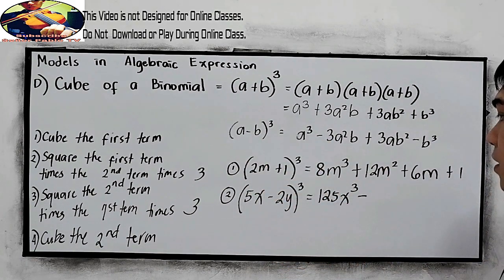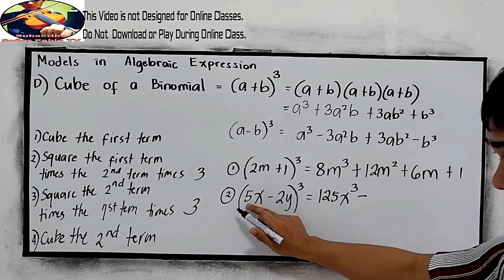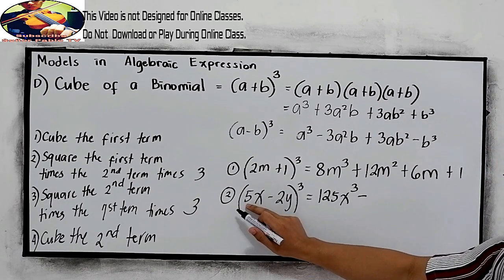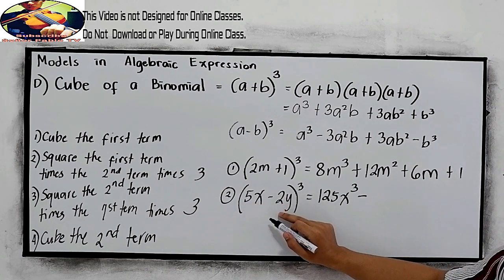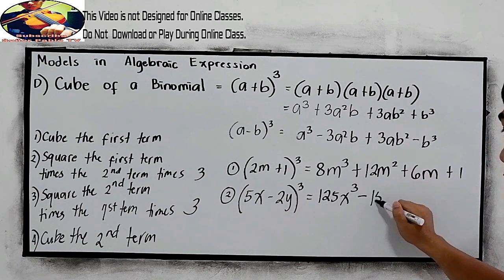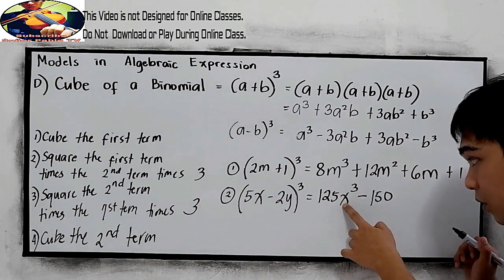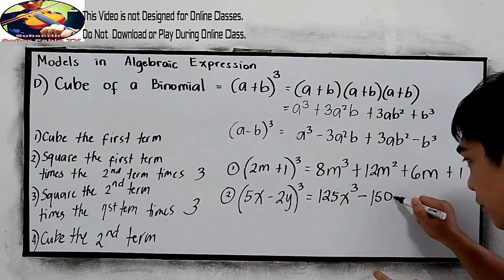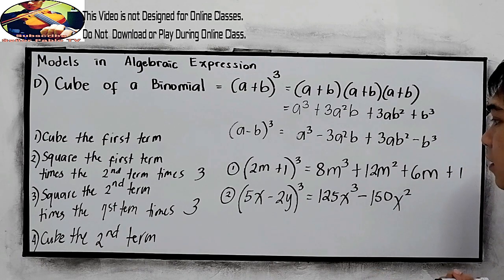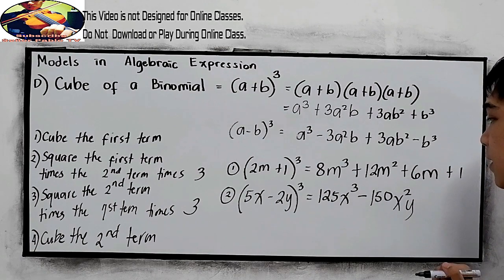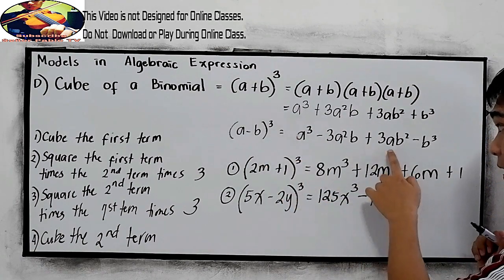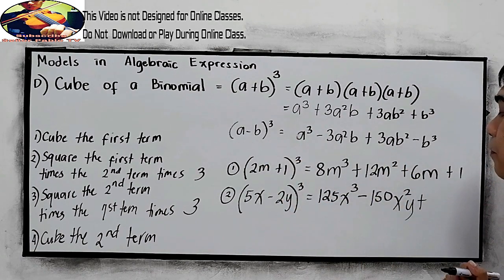So minus, square the first term, that is 25 times 2, 50 times 3, 150. So we have x cubed here, therefore we have x squared. Then y raised to 1. Now for the sign, minus, next will be plus.